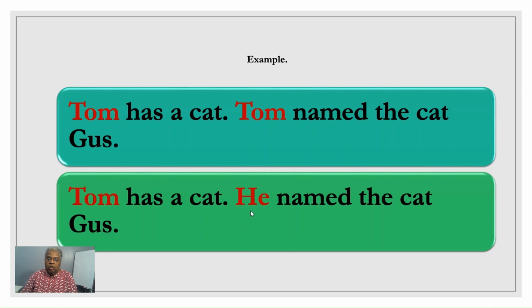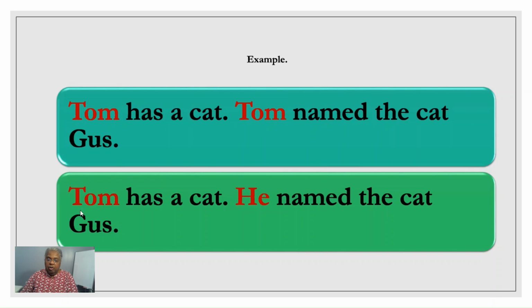Now, when using the subject pronoun, we must only use the subject pronoun in the subject area of the second sentence after the subject in the first sentence is known. For example, within the second group of sentences: Tom has a cat, he named the cat Gus.